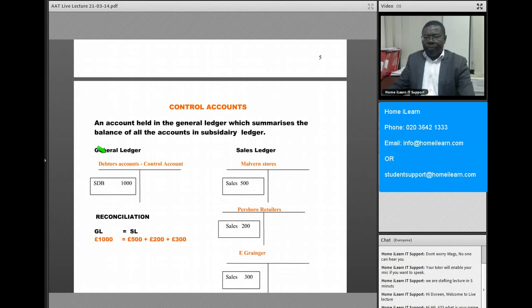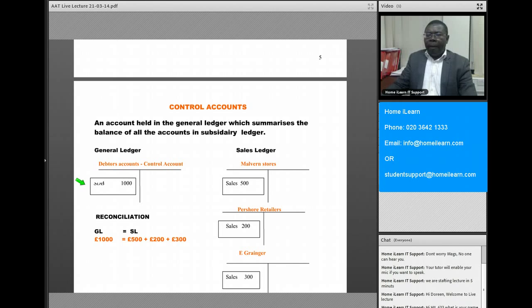For instance, when we are dealing with customers or debtors, we usually open an account for debtors in the general ledger, and that is called a debtors account. You know that our debtors account is a debit account. Anytime we sell goods on credit to customers, we need to open a debtors account in the general ledger, and that is a debit account because it is an asset.